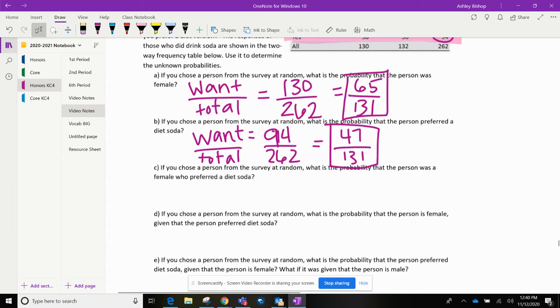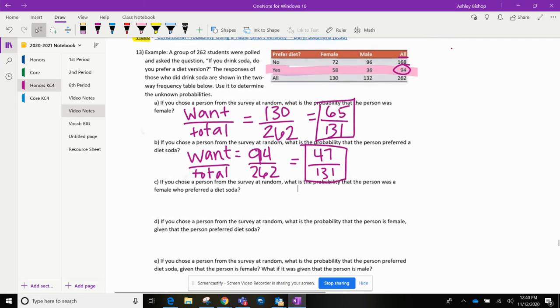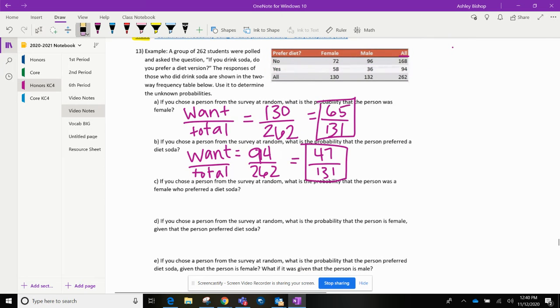If you chose a person from the survey at random, what is the probability that the person was a female who preferred diet soda? So now I know that I'm getting a little bit more specific with it. I want a female that preferred diet soda. So I'm going to find all the females that prefer diet soda. And you can use your eyes. You can highlight this if you want.